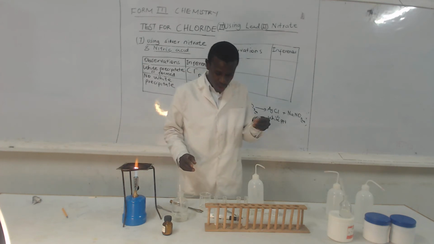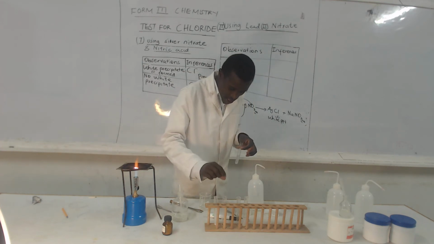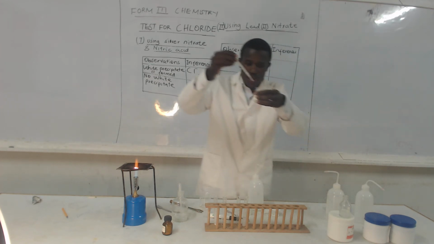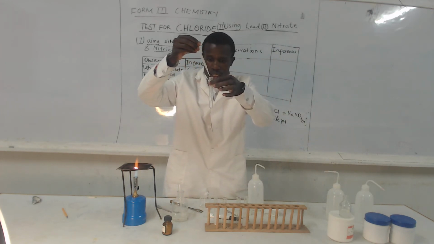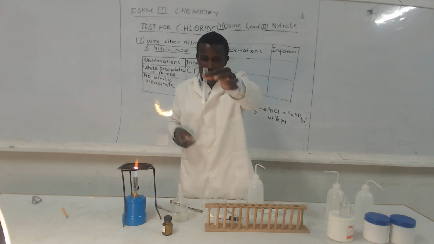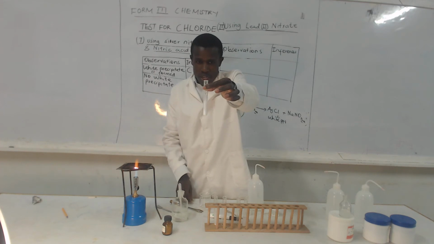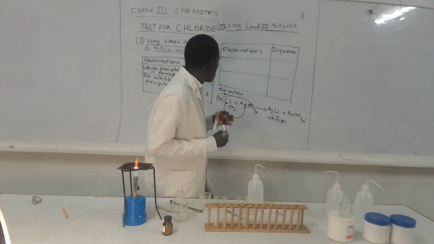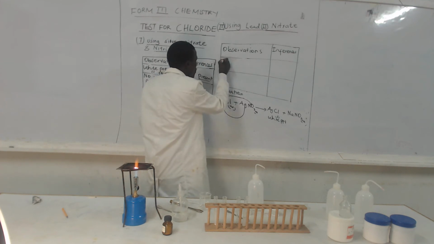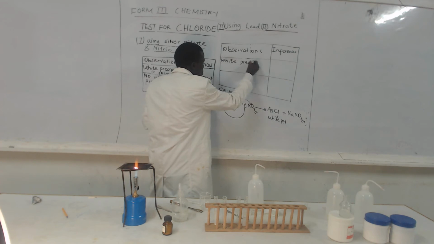After forming a solution, then you add lead nitrate. And you can see there is a formation of a white precipitate. So the first observation is there is formation of a white precipitate.